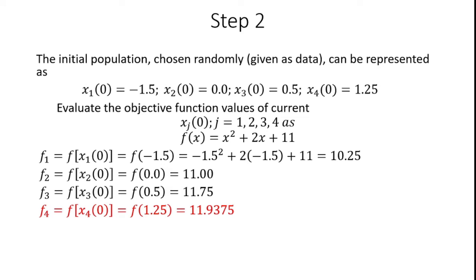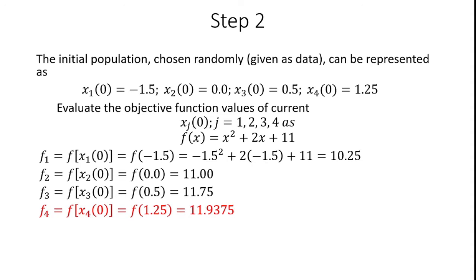The problem suggested the initial points, so we can select them from the problem itself, or otherwise we generate random numbers with the aid of a calculator as in our genetic algorithm video. It can be represented as x1 equal to minus 1.5, x2 equal to 0.0, x3 equal to 0.5, x4 equal to 1.25. These values are taken from the problem.